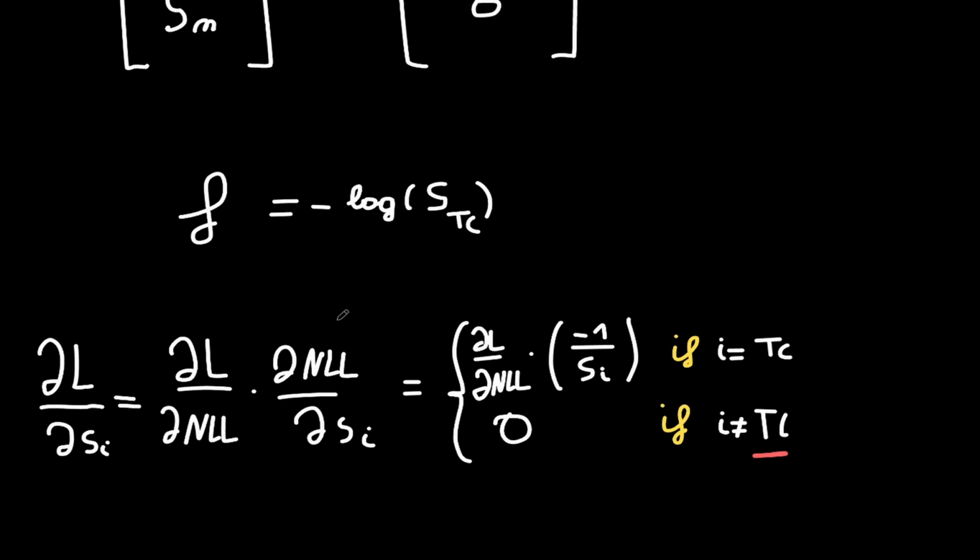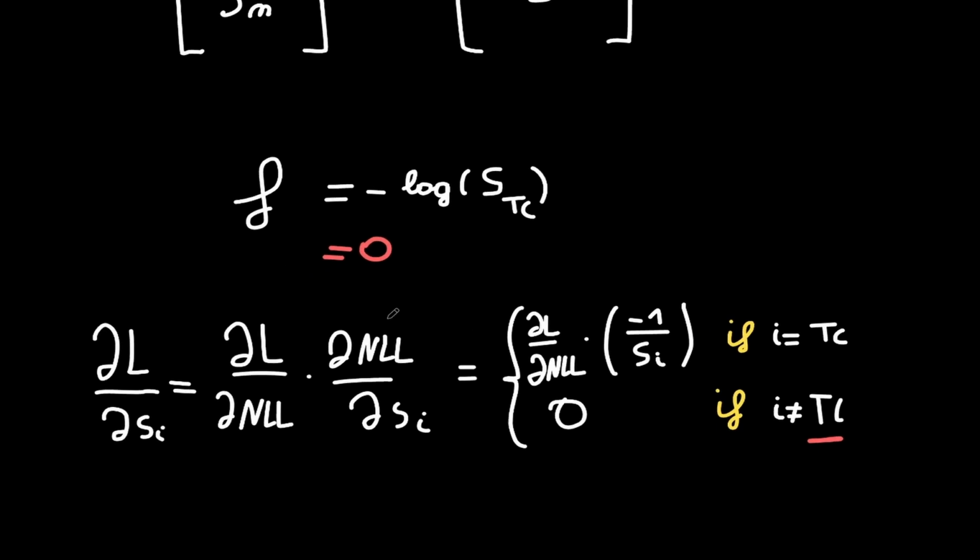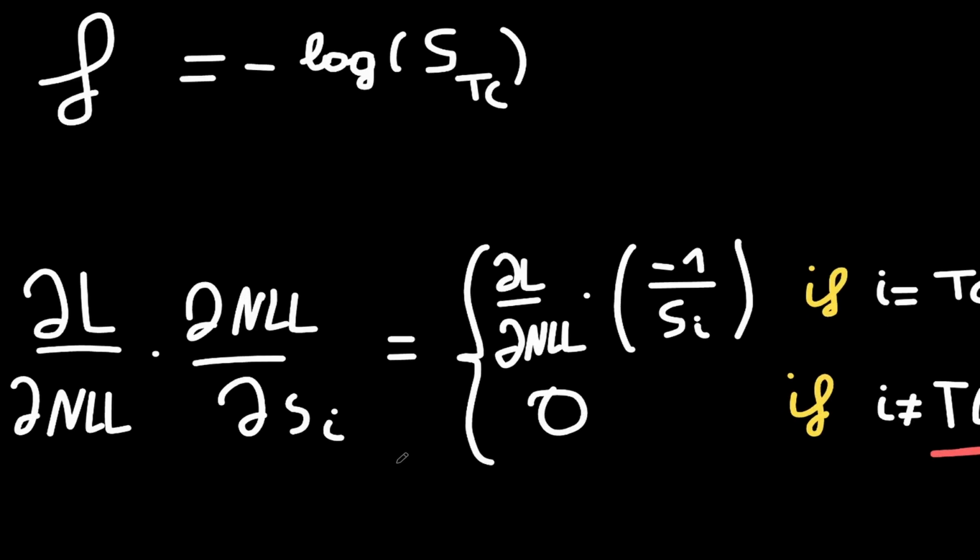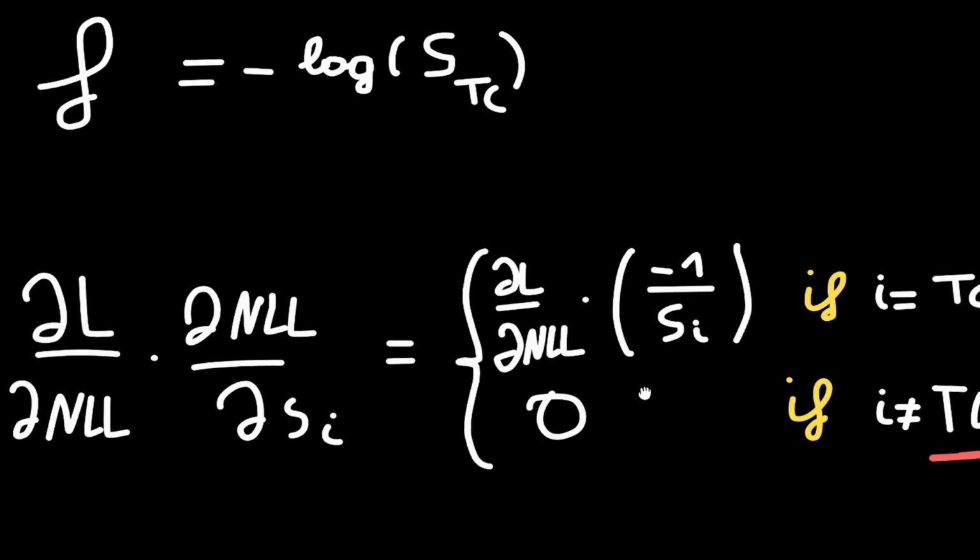In that case, the negative log likelihood just becomes 0, because as you can see, it only depends on the softmax of the true class. And of course, the derivative of 0 with respect to a certain parameter will always be 0, as the output is always 0, so it doesn't matter how much we move Si, the derivative of this will be 0.